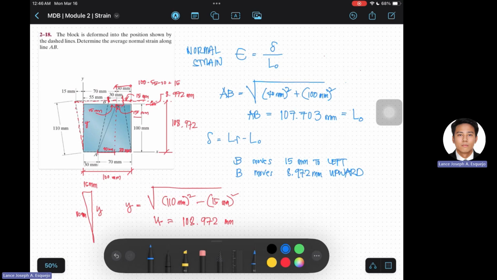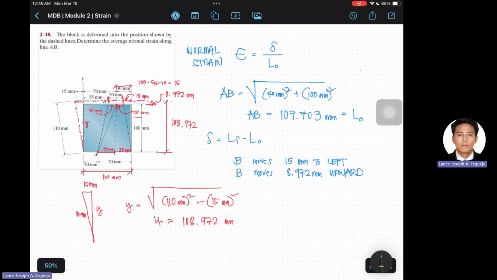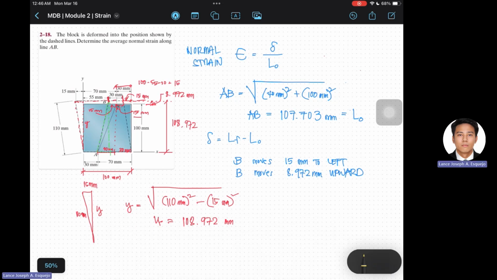So now let's focus on getting the length AB prime. So we have this triangle that can be formed. So let's use a more contrasting color here. Ito yung new triangle that can be formed.